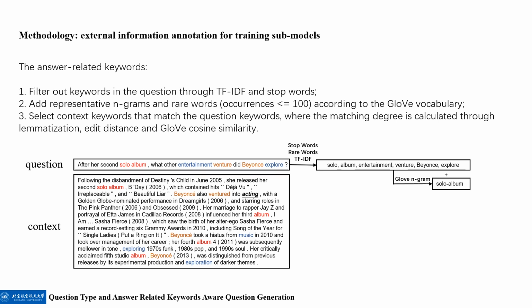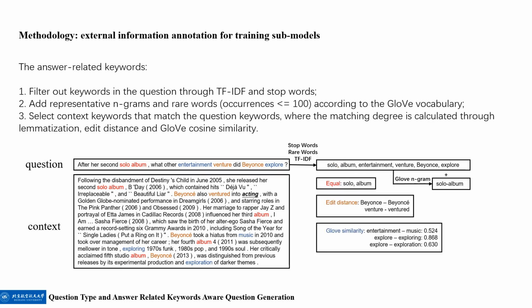Finally, we annotate the context words as keywords if they match one of those keywords in the question. And the matching degree is calculated through lemmatization, edit distance, and GloVe cosine similarity.